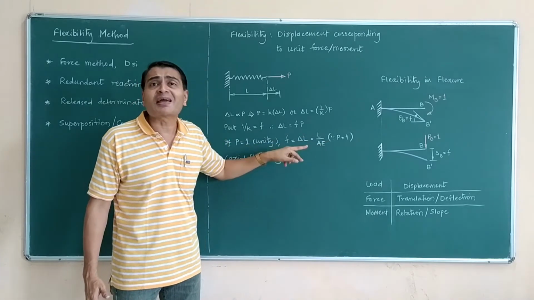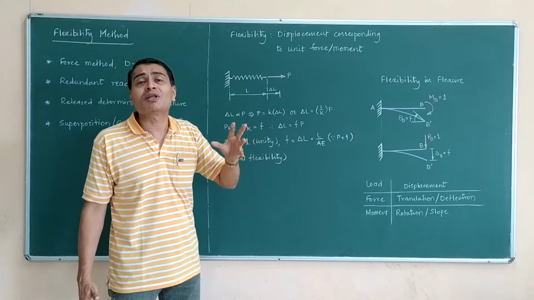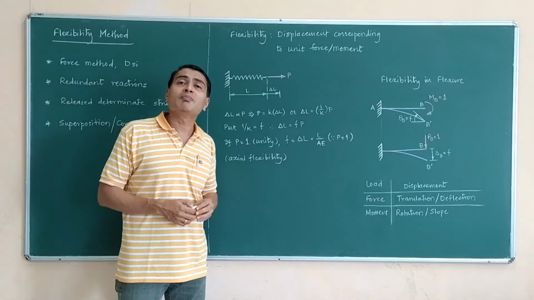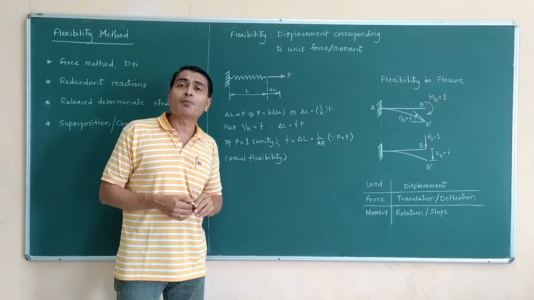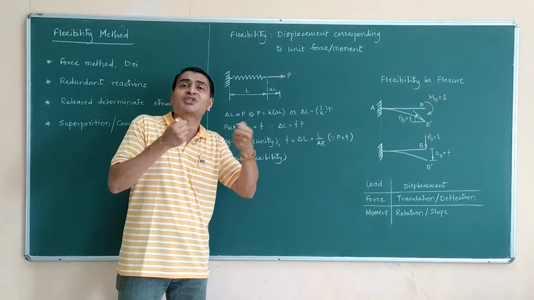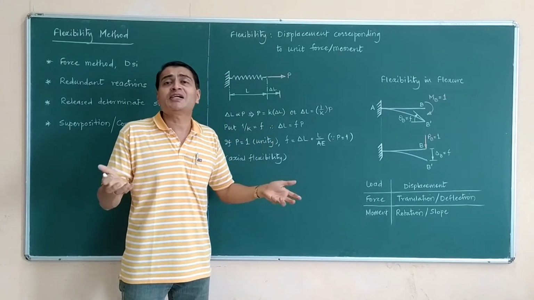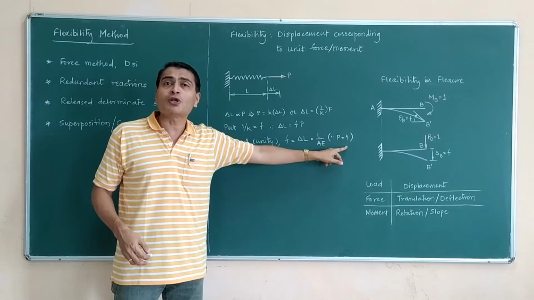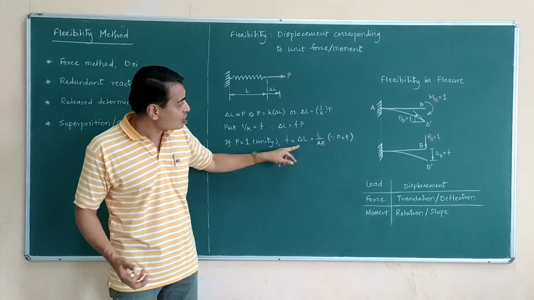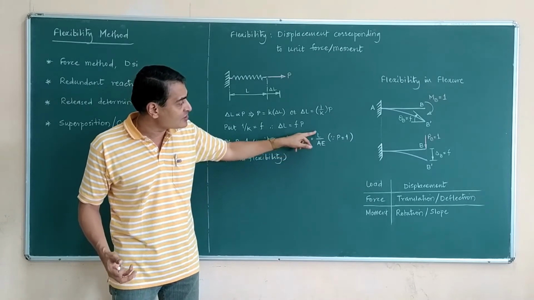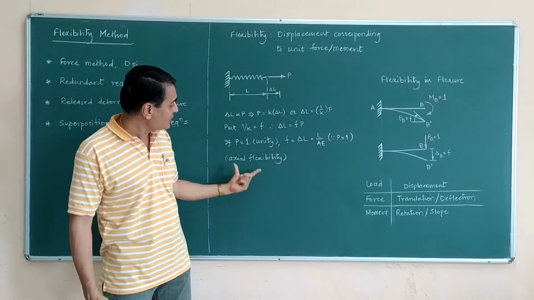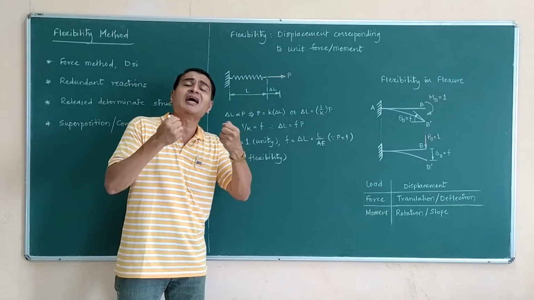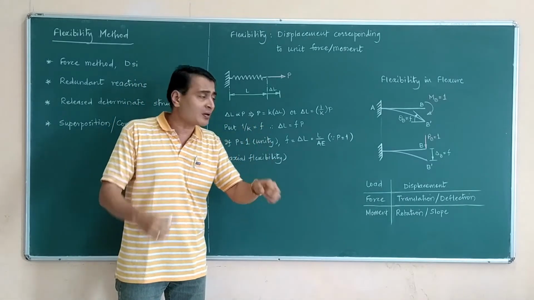This I have further expressed because this is something very well known to you from mechanics of materials. We remember delta L is equal to PL upon AE. In a simple axial elongation case, delta L is equal to PL upon AE, but our P has taken value 1. P is unity, so I am getting flexibility is equal to L upon AE. This is nothing but axial flexibility, that is we are discussing axial loading of a member.